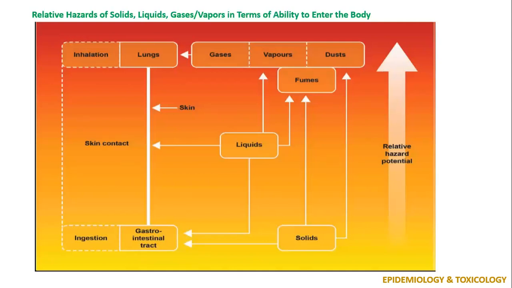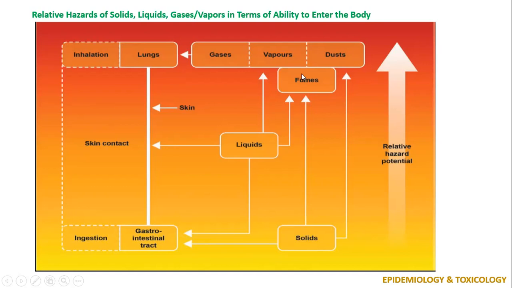So in the diagram, we can see the various routes of entry. A liquid can enter the body through skin contact, or the liquid in the form of vapor can go to the lungs, or liquid can be in the form of fumes.